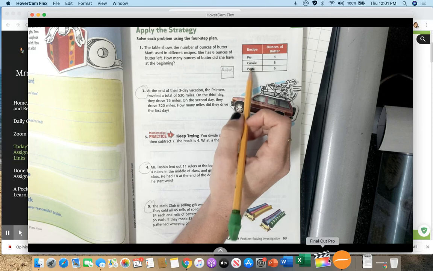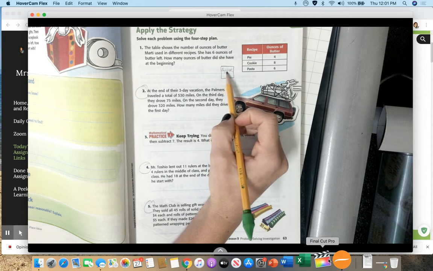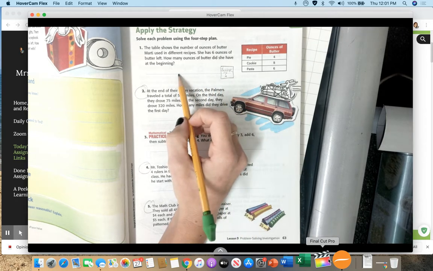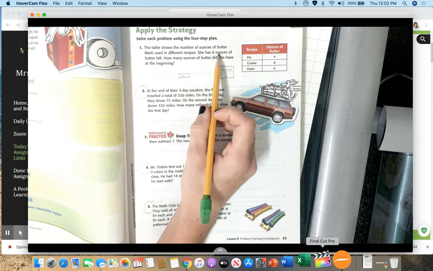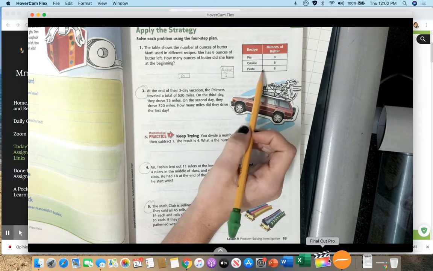Before I made all these recipes, I have a full container of butter, and I'm trying to figure out how much I started with. I know that after I cooked, I was left with only 6 ounces. As it says here, I have 6 ounces left after baking and using all of these.